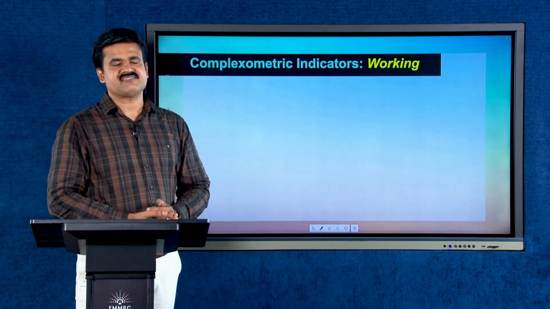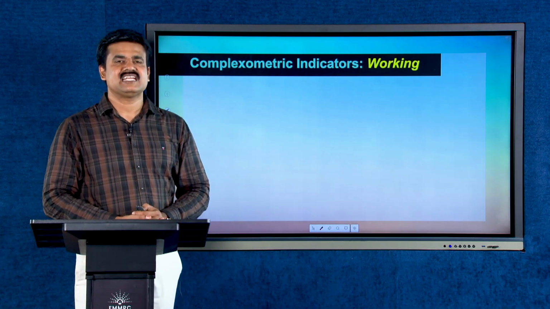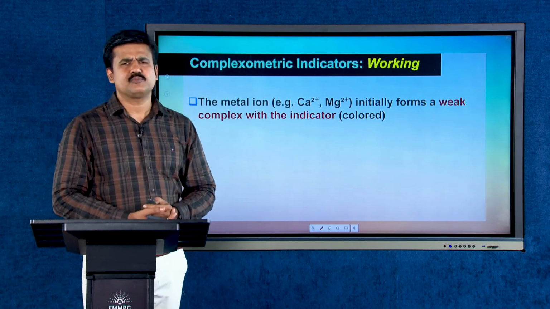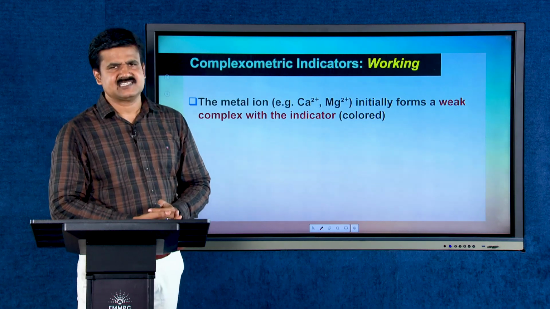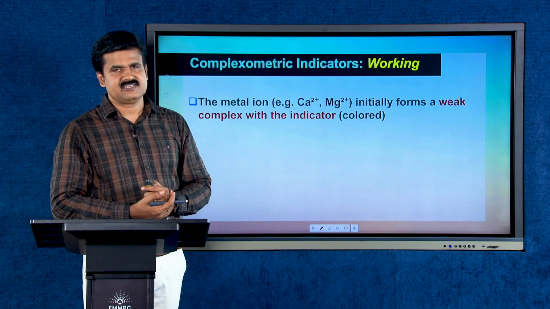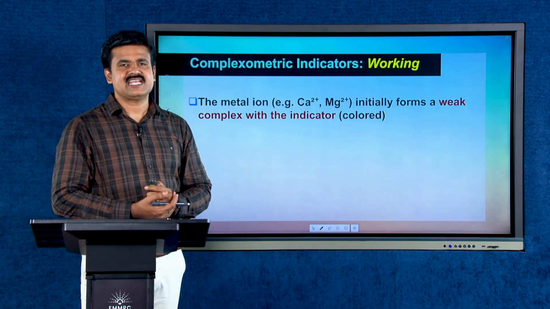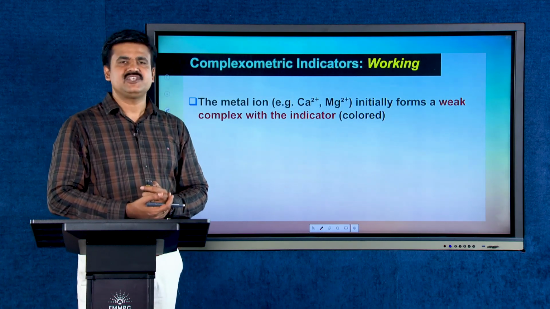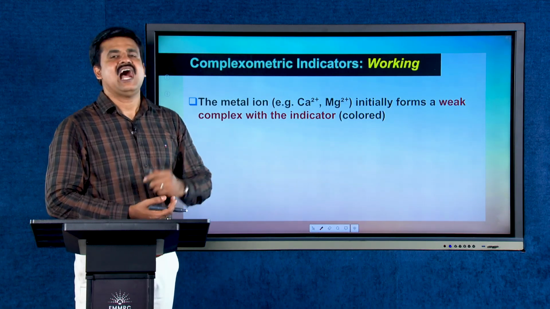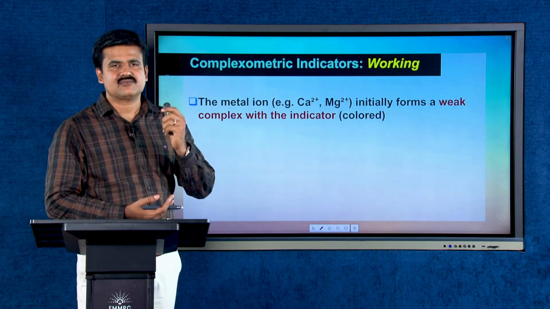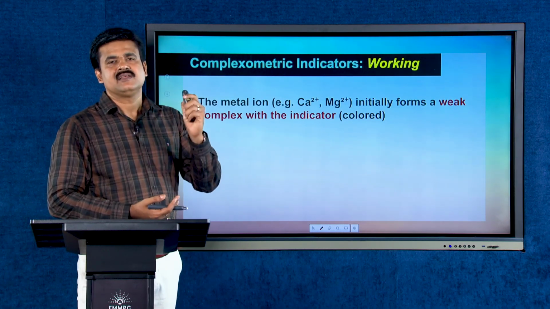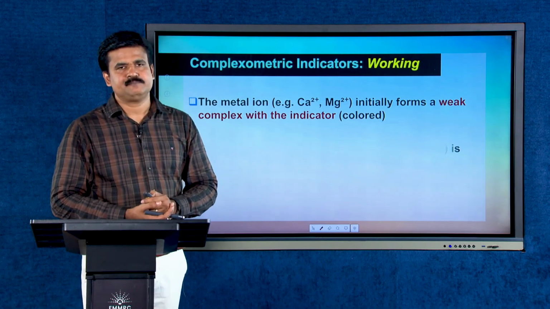Now, we are discussing the working of complexometric indicators. The metal ion, that may be calcium 2 plus, zinc 2 plus, magnesium 2 plus, etc., initially forms a weak complex with the indicator. That means you take the analyte solution, add a fixed quantity of the complexometric indicator, and this indicator forms a weak complex with the metal ion present in the system.